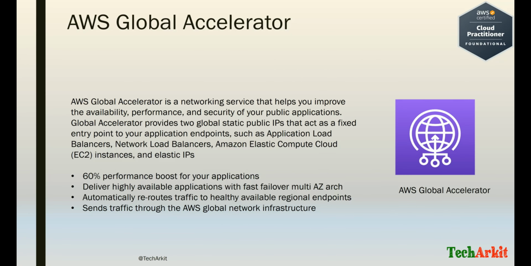AWS Global Accelerator. AWS Global Accelerator is a network service that helps you improve the availability, performance, and security of your applications. Global Accelerator provides two global static public IPs that act as a fixed entry point to your application endpoints, such as Application Load Balancers, Network Load Balancers, Amazon Elastic Compute Cloud EC2 instances, and Elastic IPs.